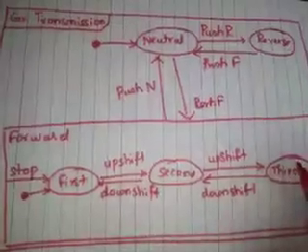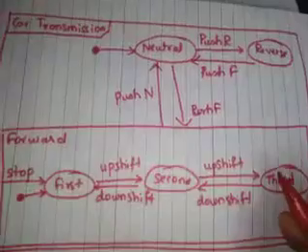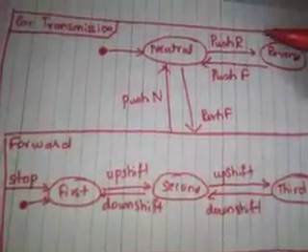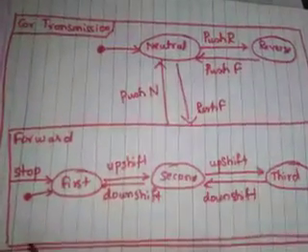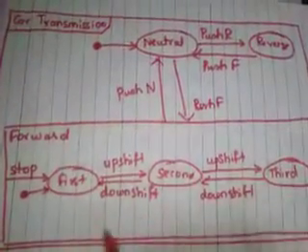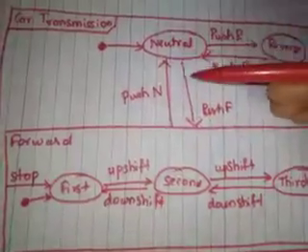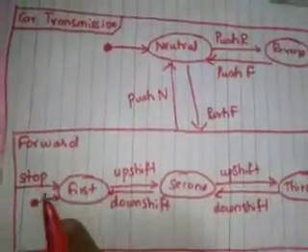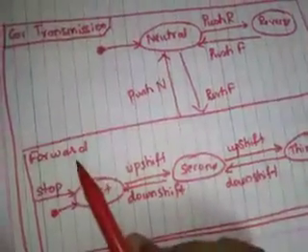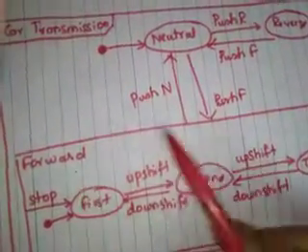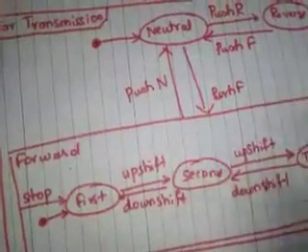If you look at this diagram, there is no transition from these substates to the outside states, right? From the whole forward state only, we are writing the transition here. So add the transition to the enclosing state. These are the different substates enclosed under the name forward. So there should be a transition from the enclosing state, not from the substates.